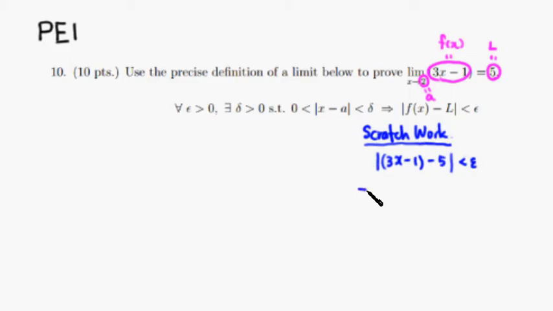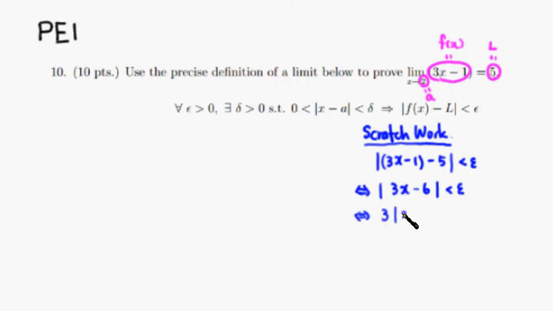Then if you simplify that, you can see that 3x minus 1 and a negative 5 combine to 3x minus 6, which is less than epsilon. We can factor out 3 from there.